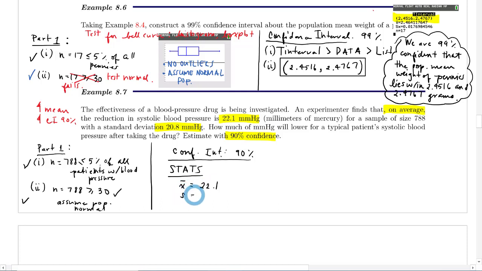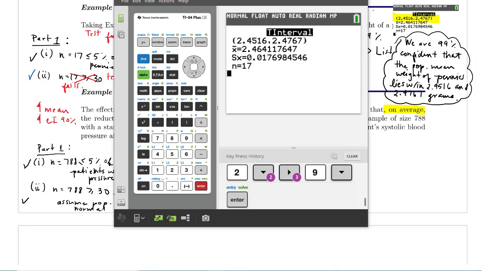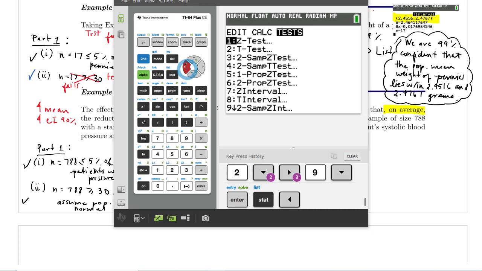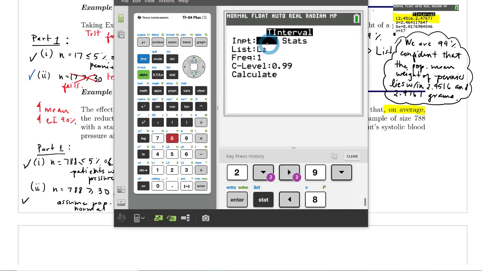And the sample standard deviation is 20.8, and the sample size is 788. So let's go to the calculator. Okay, do you remember where it is? Stat, test, T interval, number 8. So we do not have a list or raw data, so go directly to stats, hit enter.